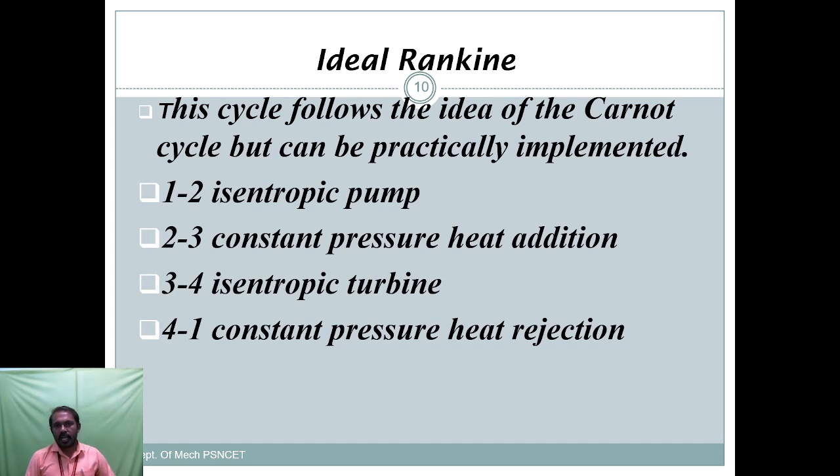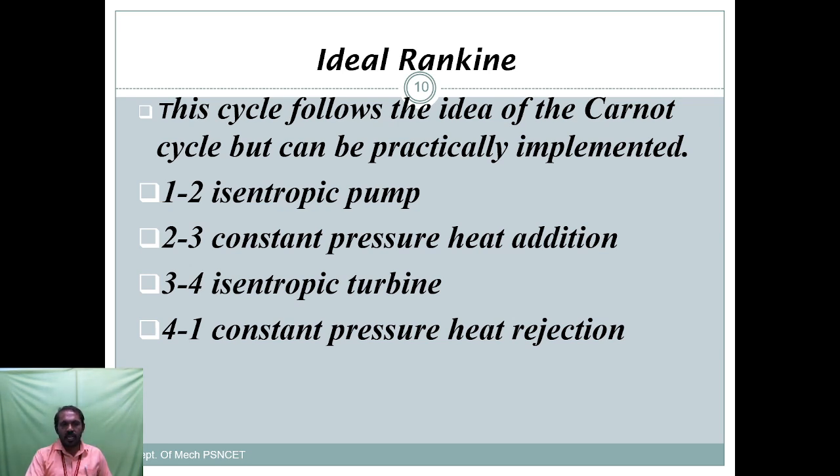So we already discussed the ideal Rankine cycle. The first process, 1 to 2, is the isentropic pump, that is, isentropic compression. The second, 2 to 3, is constant pressure heat adding. Pressure is maintained but the temperature is increased during the heat adding process.